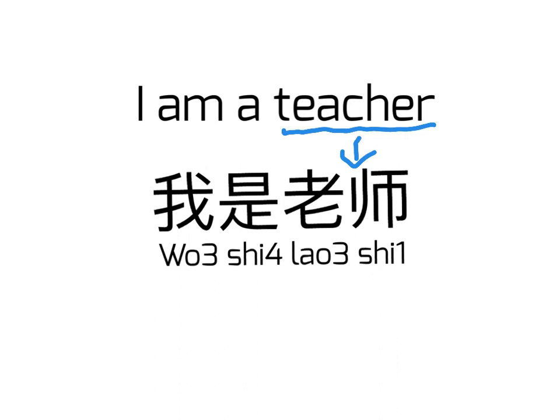If you remember, I told you to categorize all the words in HSK1, the 150 Chinese characters. If you categorize them properly, you would see the nouns, and one of the nouns is teacher. The Chinese translation for teacher is 老师. And of course, the am is translated as 是, and the I is translated as 我.